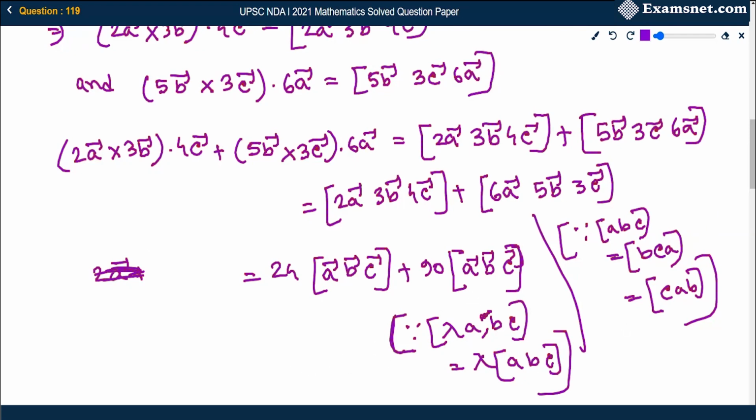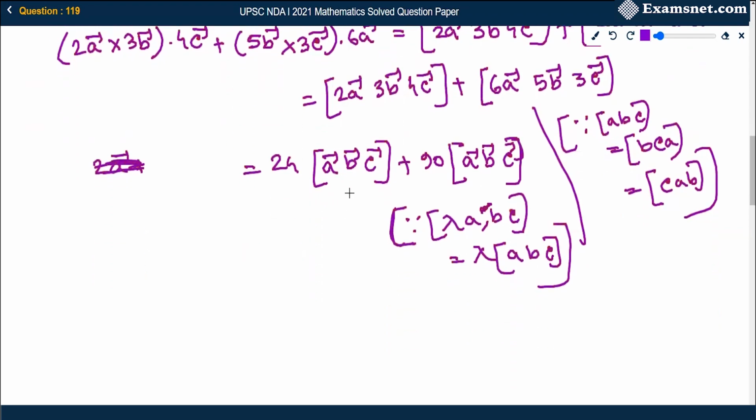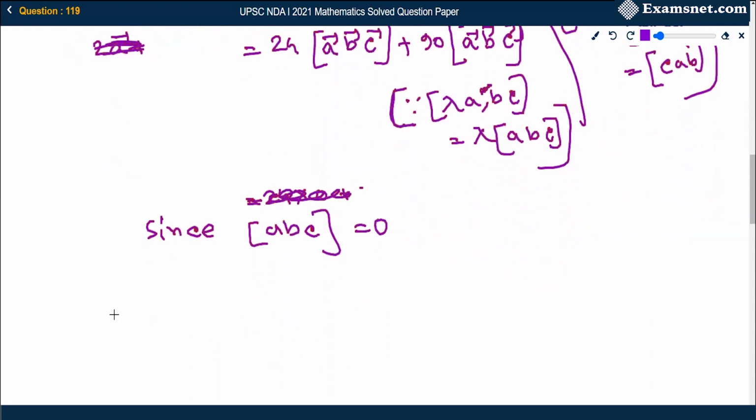Now, as we know that A, B, C, three non-zero vectors are coplanar, that means [A B C] will give us 0. So here the whole expression will give us, okay, since [A B C] equals 0, because these three vectors are coplanar.